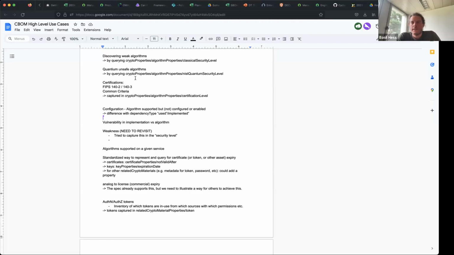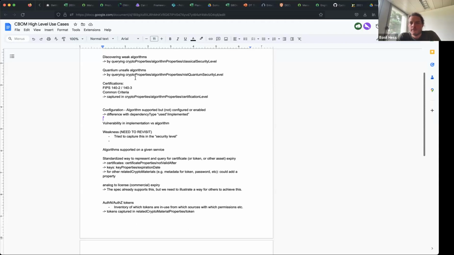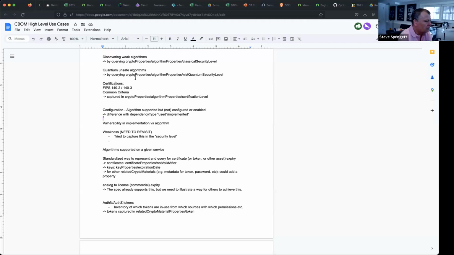I mean, there are guidelines on one side that list approved algorithms, right? That's things like the CNSA or BSI, they have a list. And then on the other side, it's a certification where you submit your implementation and then get the certification.